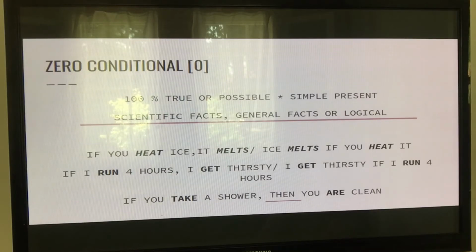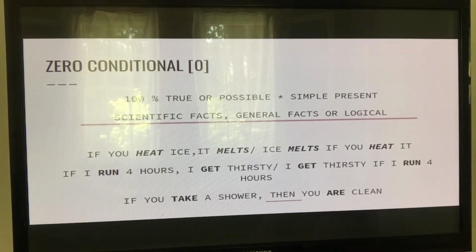And by having this truthfulness in the cause, or the first situation, we are in some way having a result that is 100% certain. So we are 100% sure that whenever we have this situation, we're always going to have the same result.